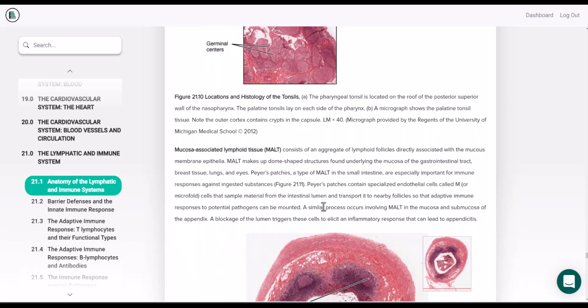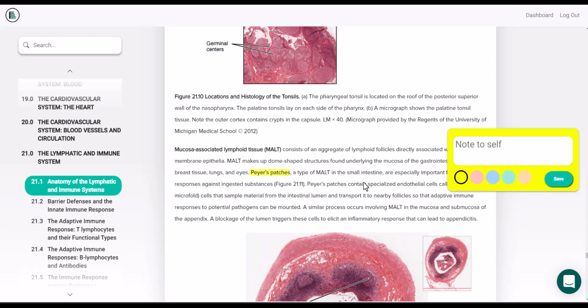Then along the gut, I told you there were lymph nodes in your intestines, but in your intestines it's referred to instead as MALT, mucosa-associated lymphoid tissue. You can think of it kind of as little lymph nodes lining your intestines. These little lymph nodes are called the Peyer's Patches. The Peyer's Patches are a type of this MALT.